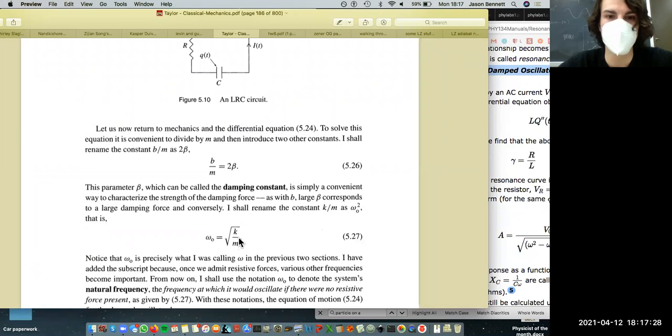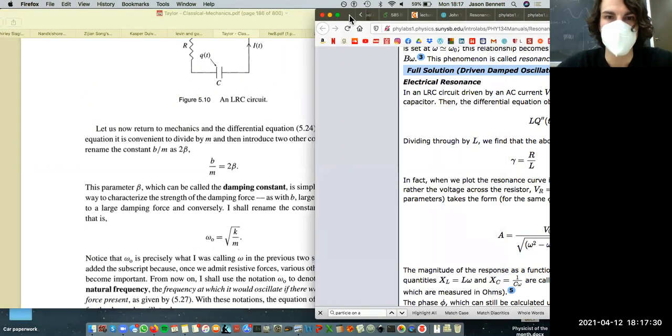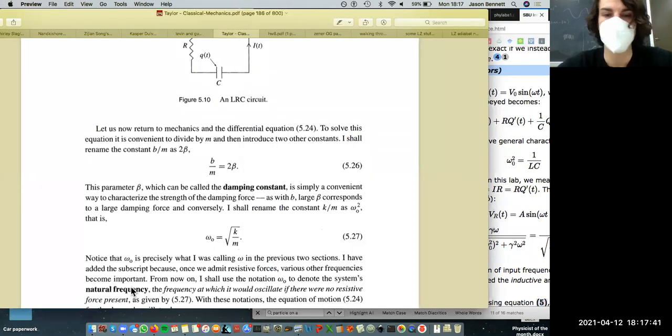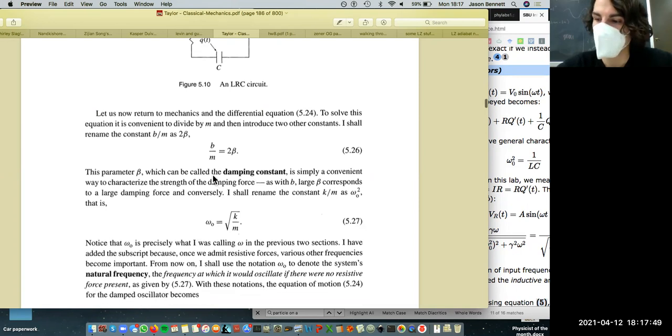Of course, you can square both sides of this. And then remember that we said that k is like 1 over the capacitance. And again, m is like the inductance. So you can call this the natural frequency. We call it, I think, the resonant frequency for this lab. But those are some of the reasons those derivations link up.